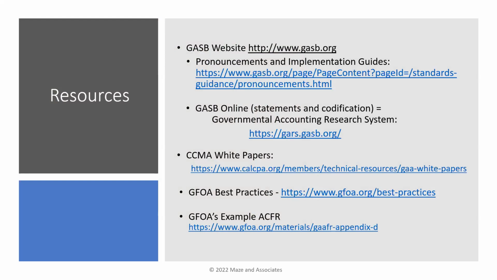This will bring you right to the pronouncement page, and you can scroll down. They're in groups, I forget, something like 75 to 100. Click on that, then scroll down and find 96 and click on it. You can download it. It's searchable. And then the implementation guides, of course, are available on that same page, the pronouncements page, and so you can find those as well.